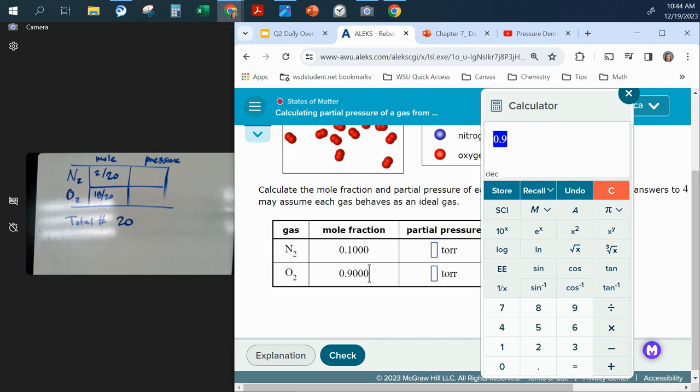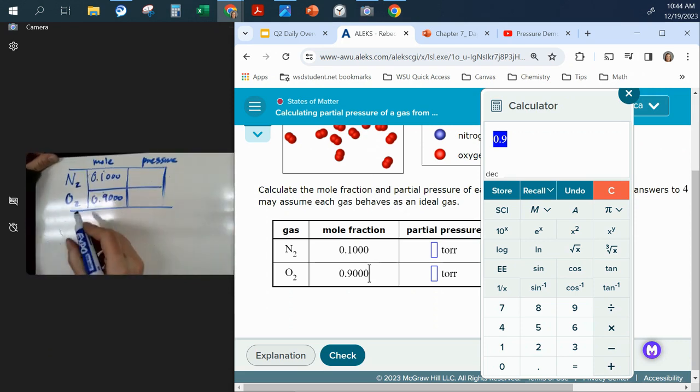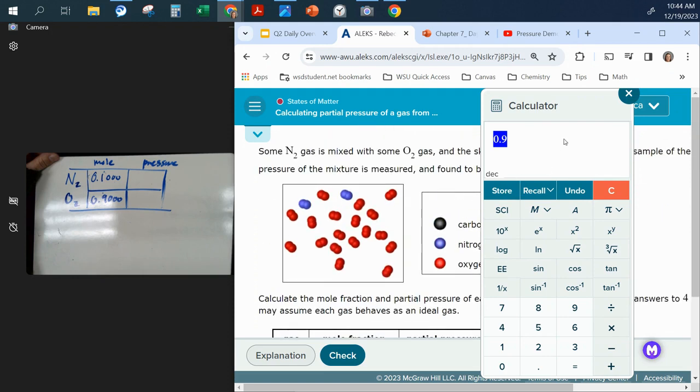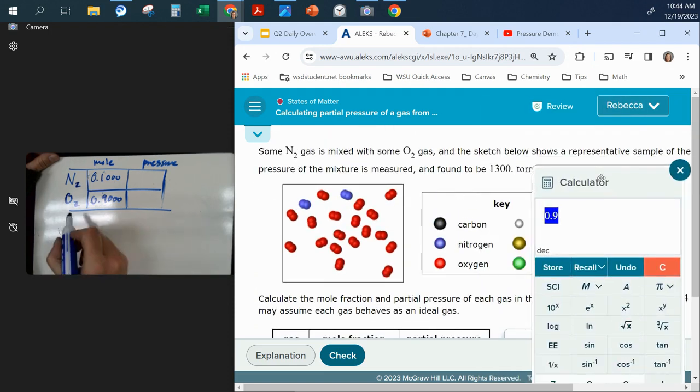Okay, great. So then partial pressure is you just take your mole fraction. So let's fix this. Multiply the pressure by your mole fraction. So my pressure was something torr up here. 1300. When we have the pressure in ATM or atmosphere, that's okay.